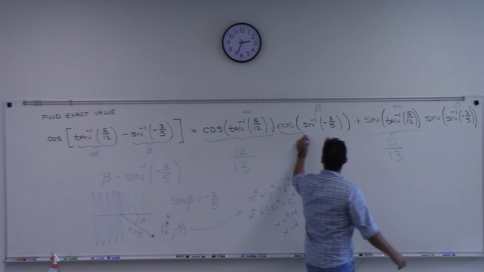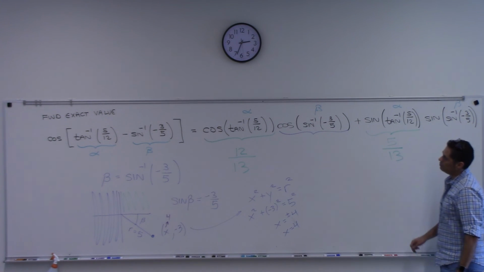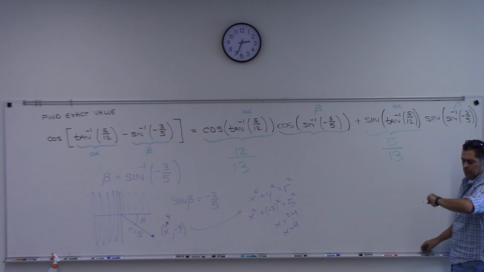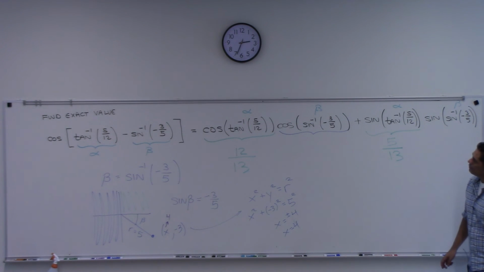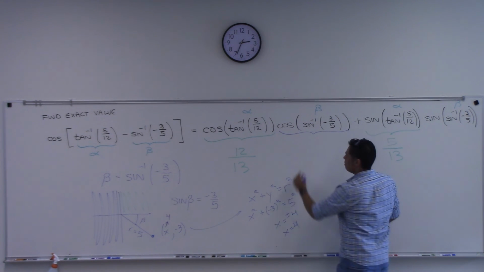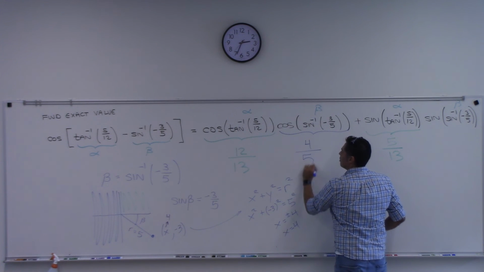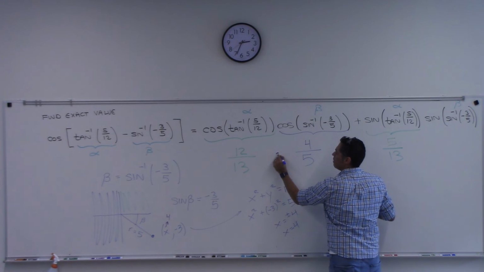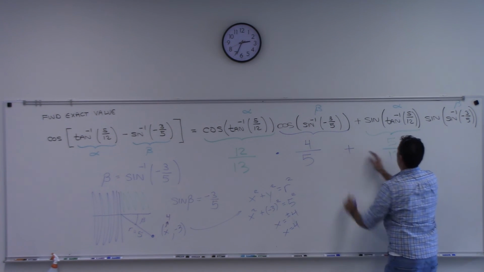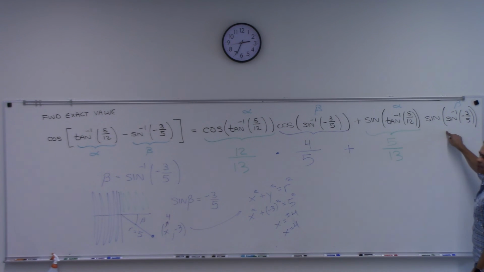All right, so let's fill those pieces in and we'll be done with this. This right here is what? 4 over the r, which is 5. Good. And remember, these are being multiplied, right? Plus, and then we have 5 over 13. And then here, this one is negative 3 over 5.